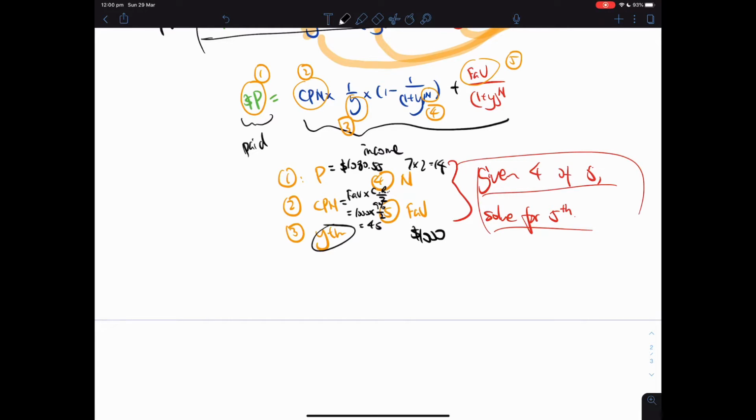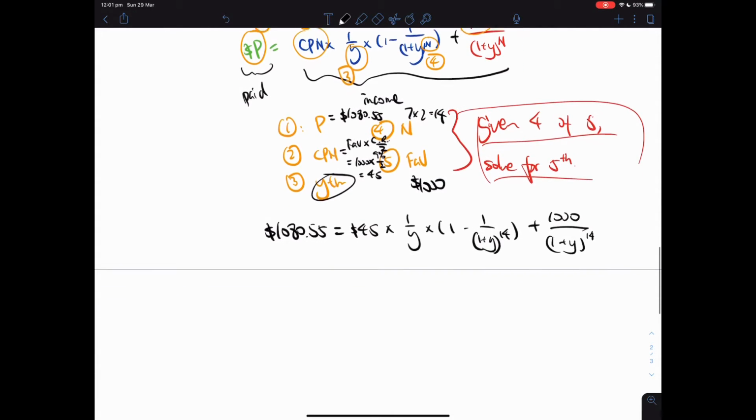So if you write it out, that becomes 1080.55 equals $45 times 1 over y times 1 minus 1 plus y to the power of n, here 14, because 7 years semi-annual is 14, plus face value 1000 divided by 1 plus y to the power of 14.